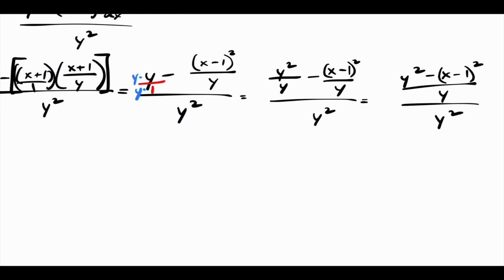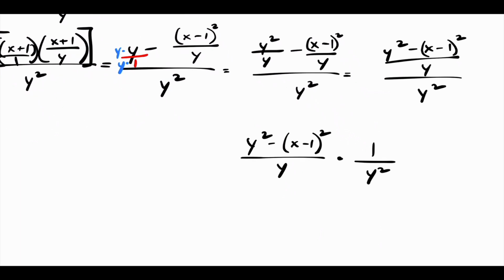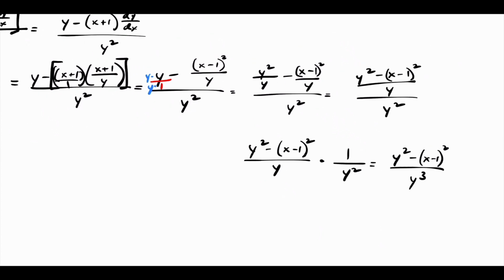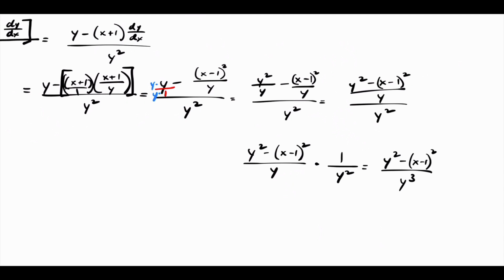Keep, change, flip. Keep the top, multiply by the reciprocal of the second. I get y squared minus x plus 1 squared over y to the third. I have a y squared on top and a y to the third on the bottom.